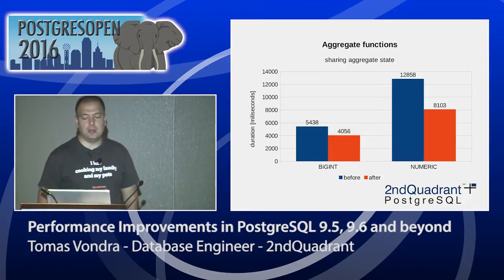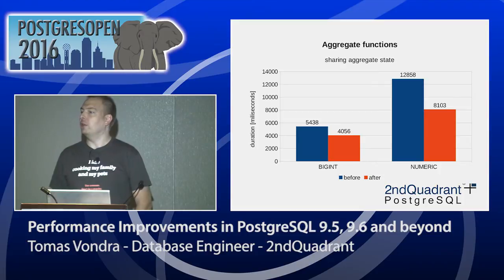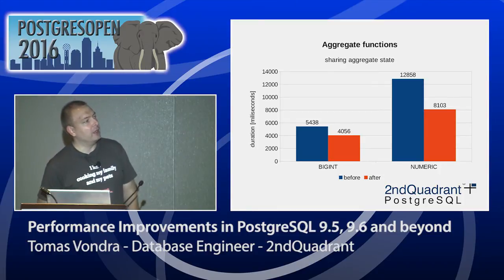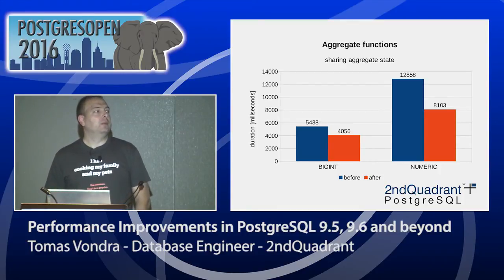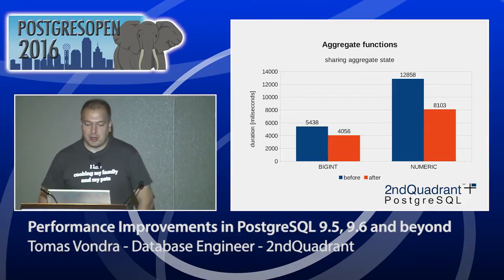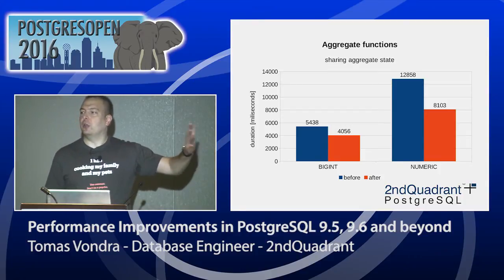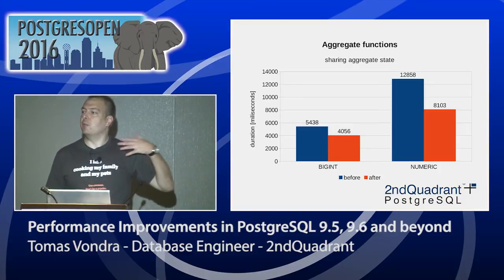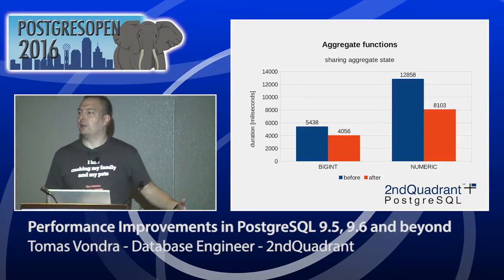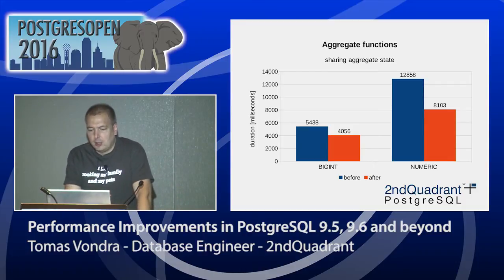And you can see that on the big integers, we have saved like 20% of the duration, while with numeric, we have saved like 30%, right? And this is, of course, something where you will get this benefit even if you don't change the queries at all. I mean, that's implicit. It will simply be faster out of the box.